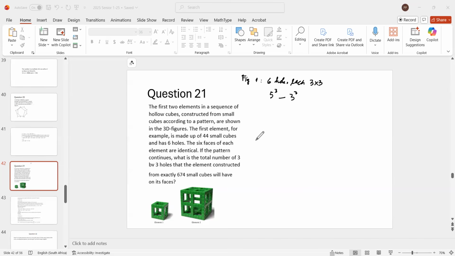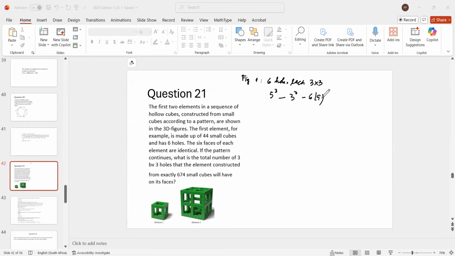But over and above that, the 6 holes, each one has got 9 cubes. Those holes have also been removed in addition to the hollow cube inside this.